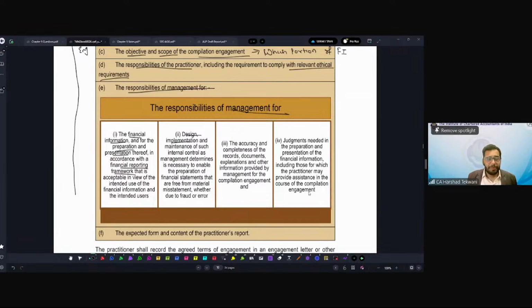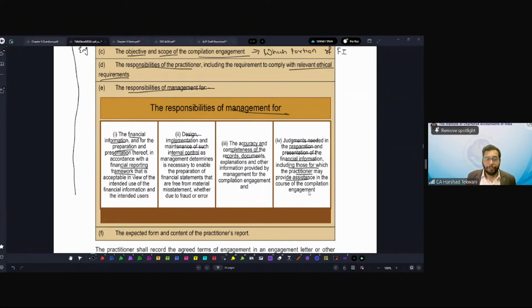Design, implementation, maintenance of internal control, with the management. Accuracy and completeness of the records, management. Judgments in preparation and presentation of financial information, including those for which the practitioner may provide assistance, is of management. Means we are only assisting, management has to make sure, or management is responsible for everything.